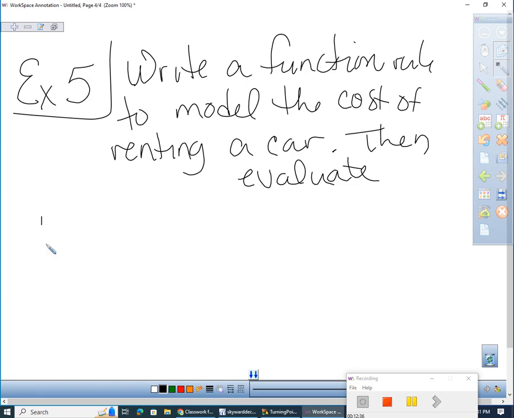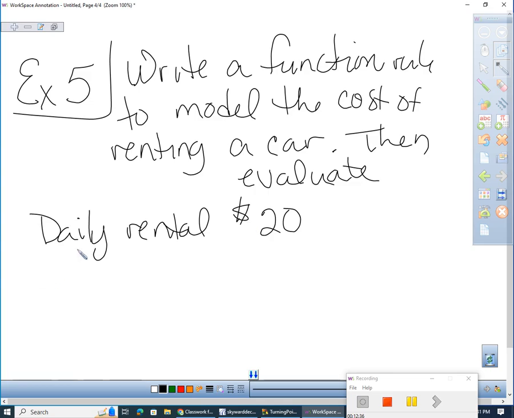It might tell you that the daily rental is, let's say, $20, and that it costs you rate per mile, let's say, is $5.